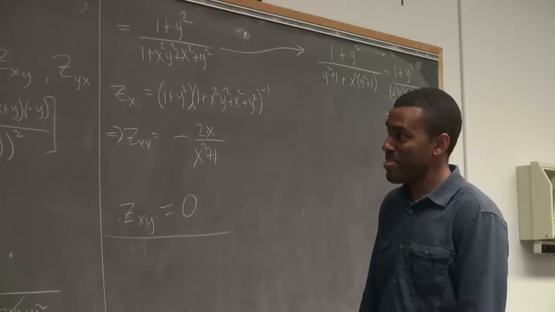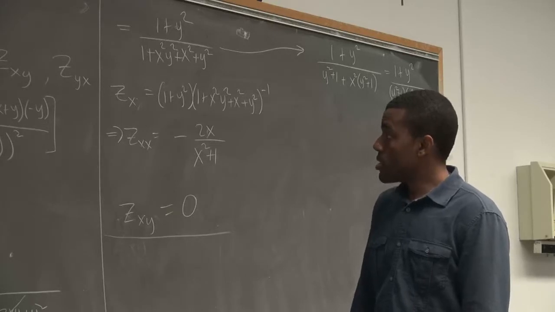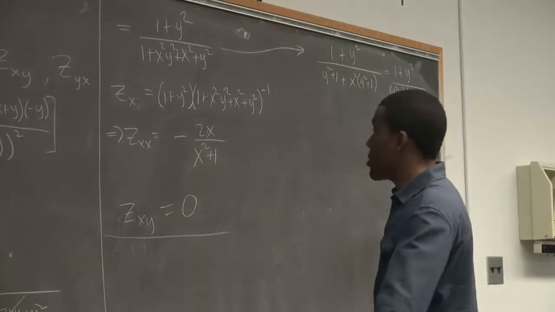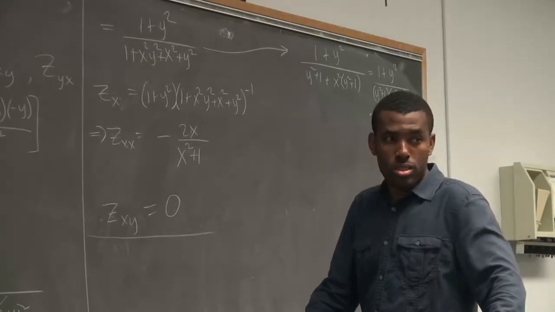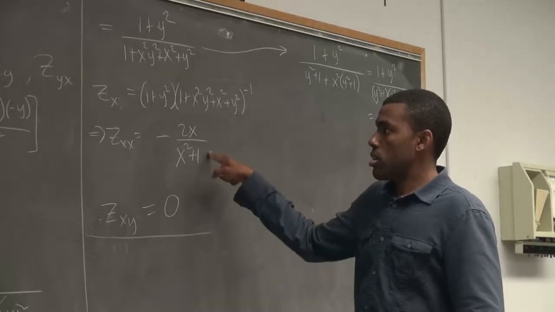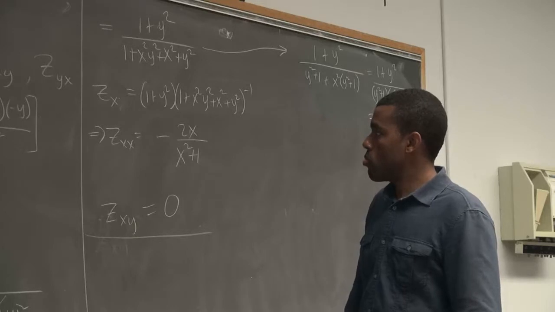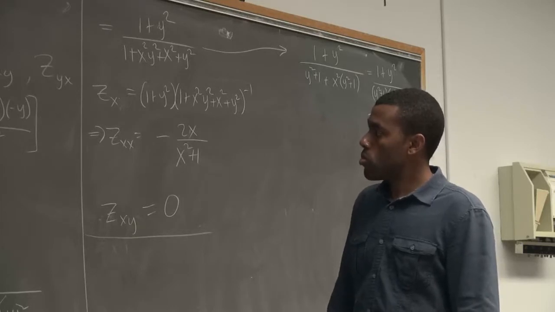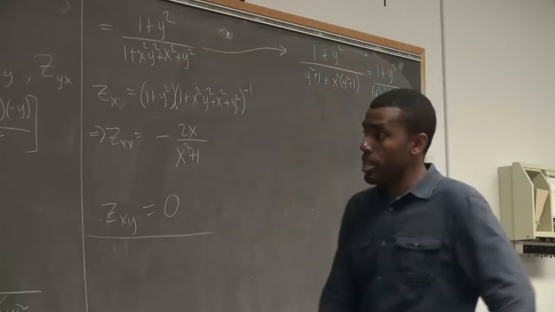It's the same answer. For zyy, you would have gotten 1 over y squared plus 1, you're saying? No, the zyy is going to be negative 2y over y squared plus 1. Okay. Yeah, so you had to do some factoring, which makes your life easier.